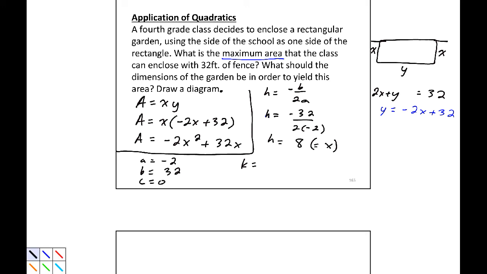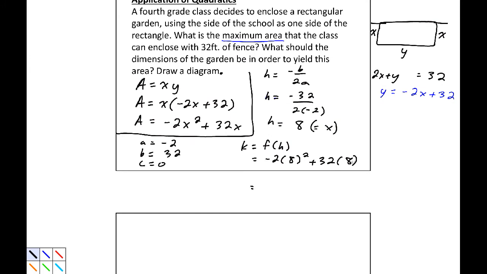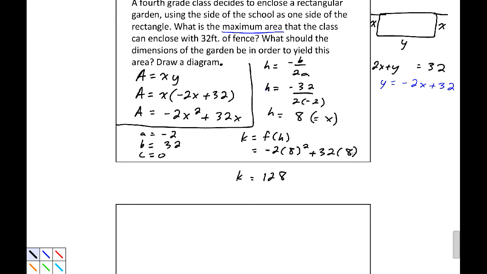Let me write this here. That's f of h. So this would be negative 2 times 8 squared plus 32 times 8. So k equals 8 squared, 64, so that's minus 128, plus 32 times 8. This is 128. So that is where our area function is maximized. Now the dimensions, those are x and y respectively.